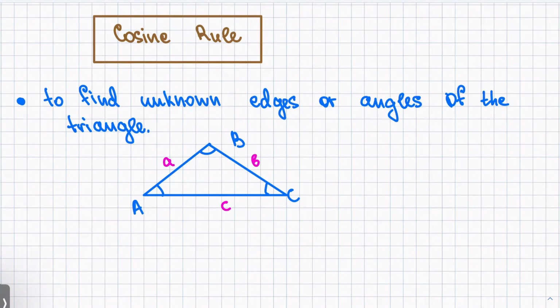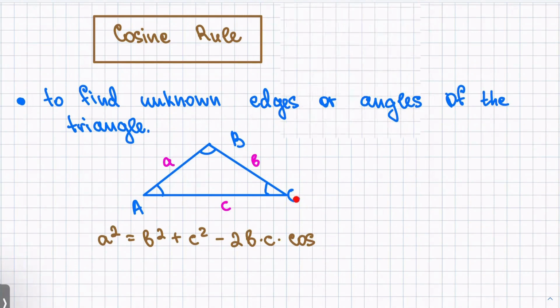To find, for instance, the edge a, we can do: a squared is equal to b squared plus c squared minus the double product of the sides b and c times the cosine of the angle between these two sides b and c. What is the angle between the two sides b and c?